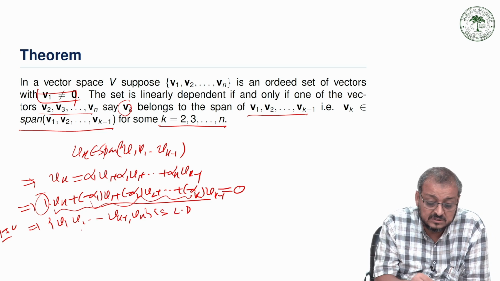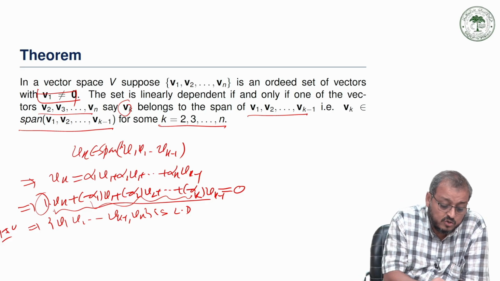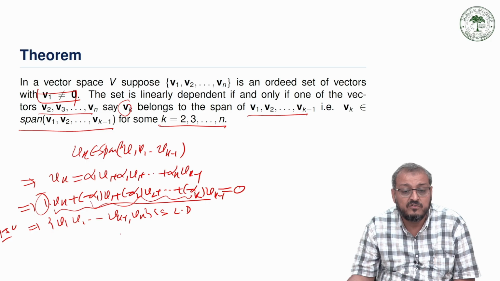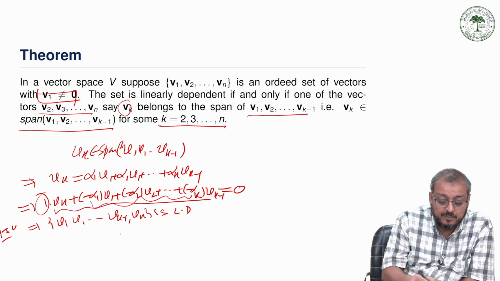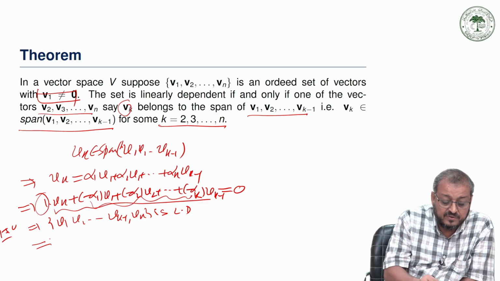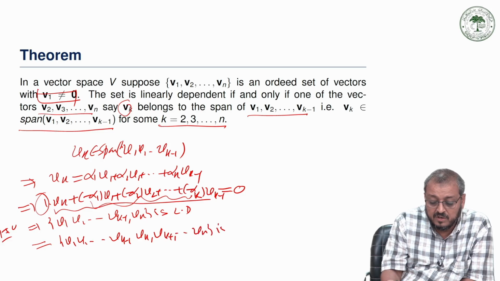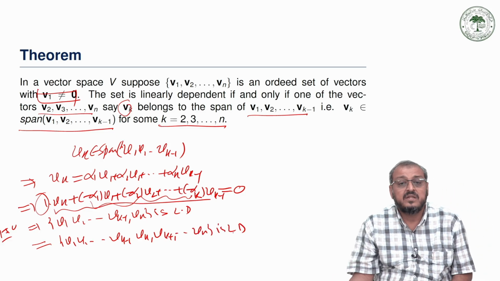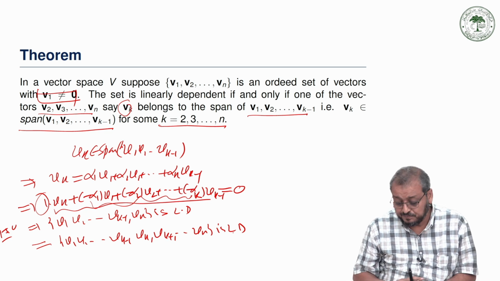And this is a subset of the larger set, and by the previous result we proved that any superset of a linearly dependent set is again linearly dependent. So v1, v2 up to vk minus 1, vk plus 1 up to vn is linearly dependent by the previous result.